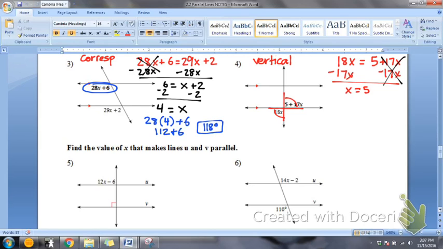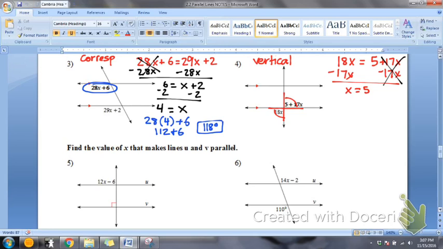Like if you move an 18 over, you're going to get a negative x value. So always move the x that's going to keep your x value positive. So if you subtract 17, you're going to have a positive 1, right? Okay. Yep. So you'd have 1x, and then you have a 5 left over there.